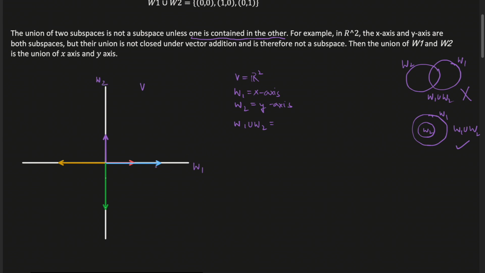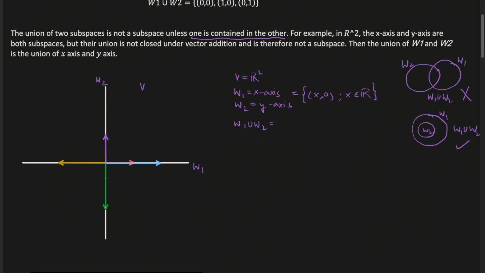Now we will see these vectors: the blue vector, the red vector behind the blue vector, this yellow vector, all these vectors belong to the subspace W1. That is, all the vectors lying on the x-axis belong to W1. And what type of vectors belong to the x-axis? It is of type (x, 0), where x is any real value.